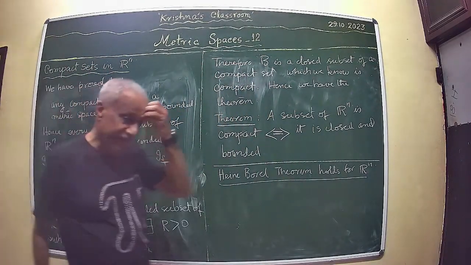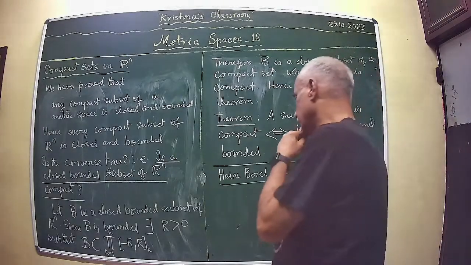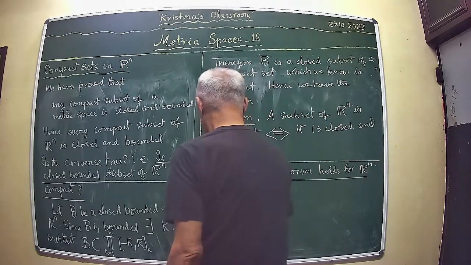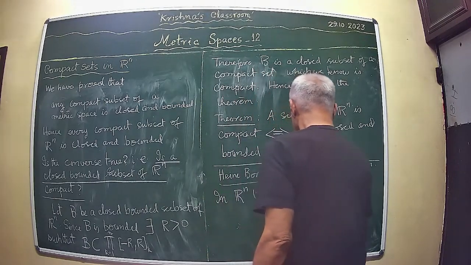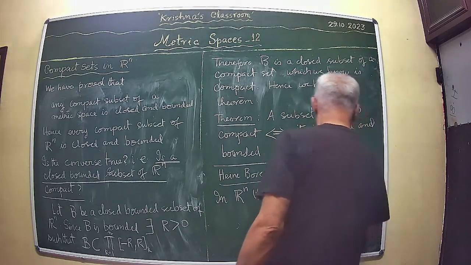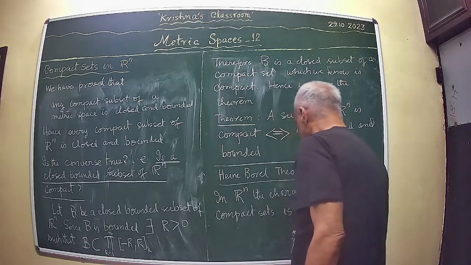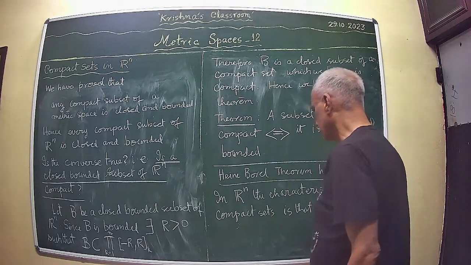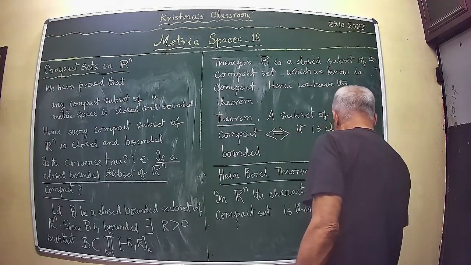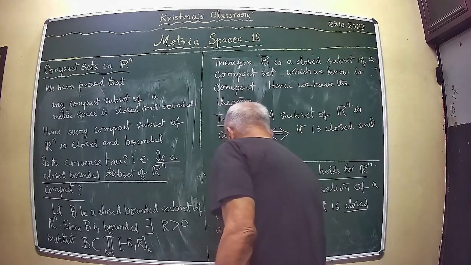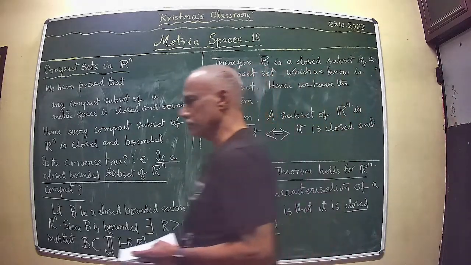So in Rn, we can characterize all compact sets as closed and bounded subsets, with the warning that this is not in general true in a metric space.